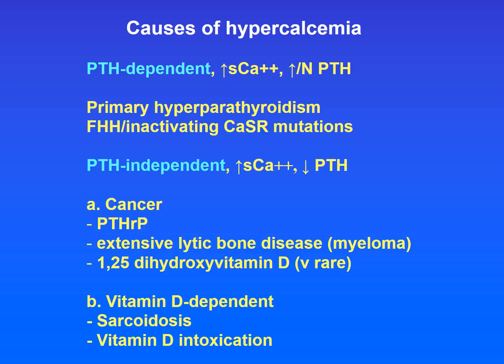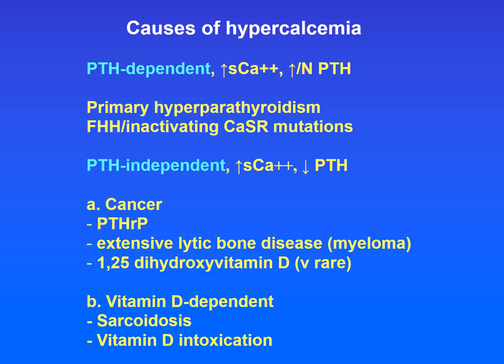So the important combination of biochemical abnormalities in parathyroid hormone dependent hypercalcemia is an elevated serum calcium and a normal, inappropriately normal or elevated parathyroid hormone production.